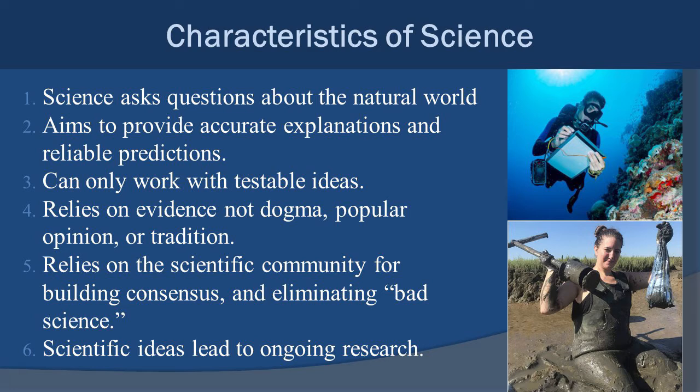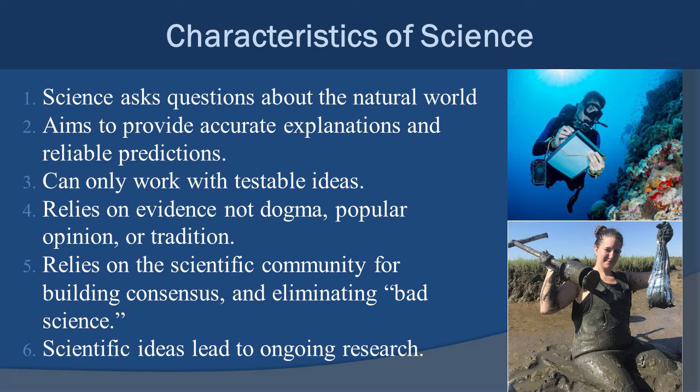Science relies on the scientific community for building consensus. This is really important. What is the scientific community? All the scientists around the world that put out their findings in published papers and share their results.